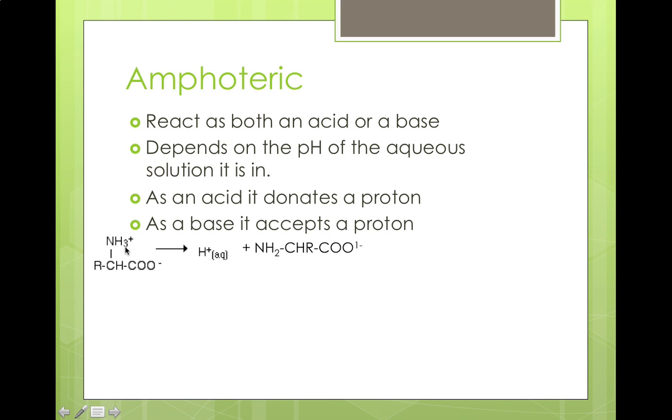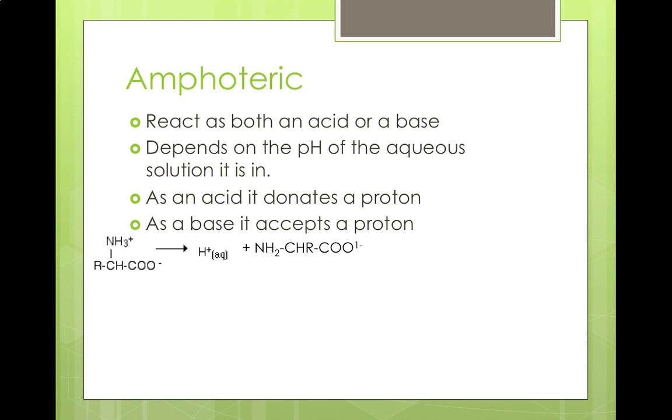This is acting as an acid because it is going to donate the hydrogen from the amine group. So I have a hydrogen on its own here as a product, and what's left over is not a Zwitter ion anymore because there's no positive and negative charge canceling each other out. I have this -1 charge on what had been the carboxylic acid, but my amine group is an amine group again because it lost that one hydrogen.